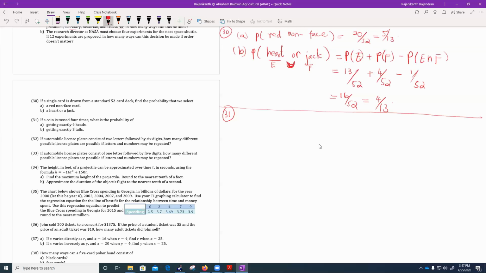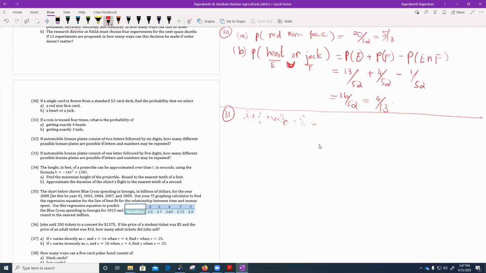Question number 31. If a coin is tossed 4 times, what is the probability of the following? The probability of getting exactly 4 heads. So you are tossing 4 times, right?